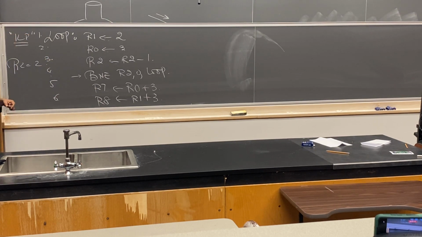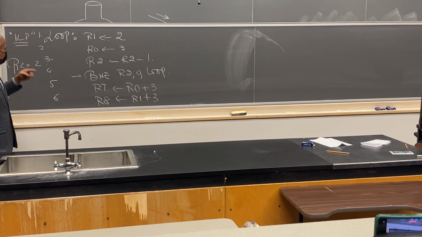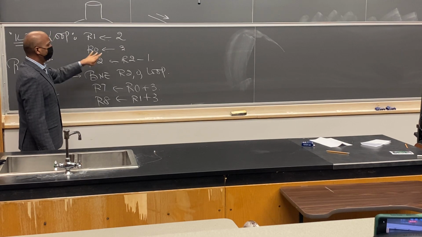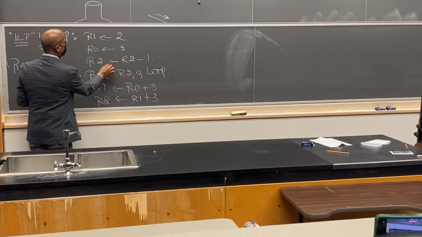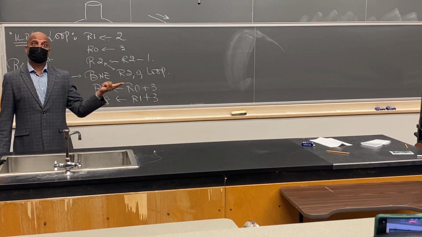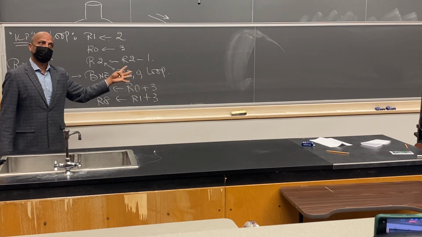So there are 6 instructions. Visually you can see that R1 is initialized to 2, R0 initialized to 3, then R2 equals R2 minus 1, then branch on not equal. So I have a dependency between these 2 instructions right there. That is a data dependency, which will potentially lead to a data hazard. Maybe, maybe not. Okay?